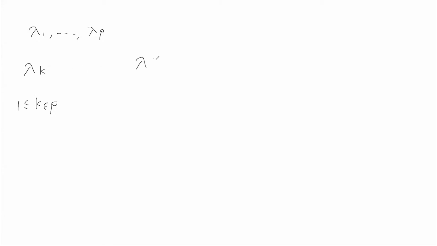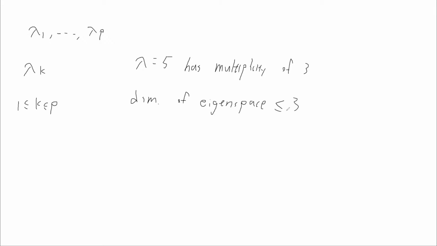Let's say I have an eigenvalue of 5 that has multiplicity of 3. That means the eigenvalue of 5 appears 3 times in here. So what this is saying is the dimension of the eigenspace will be less than or equal to 3.